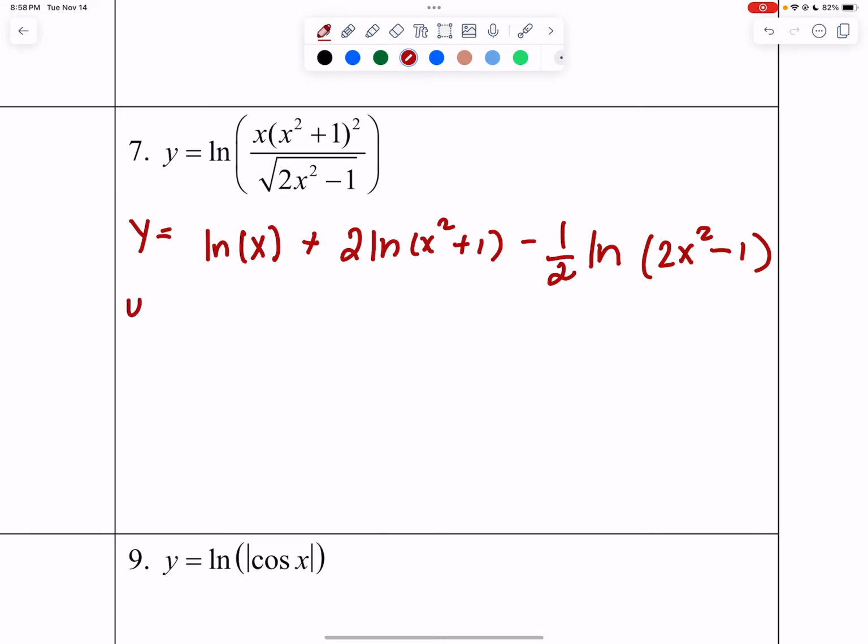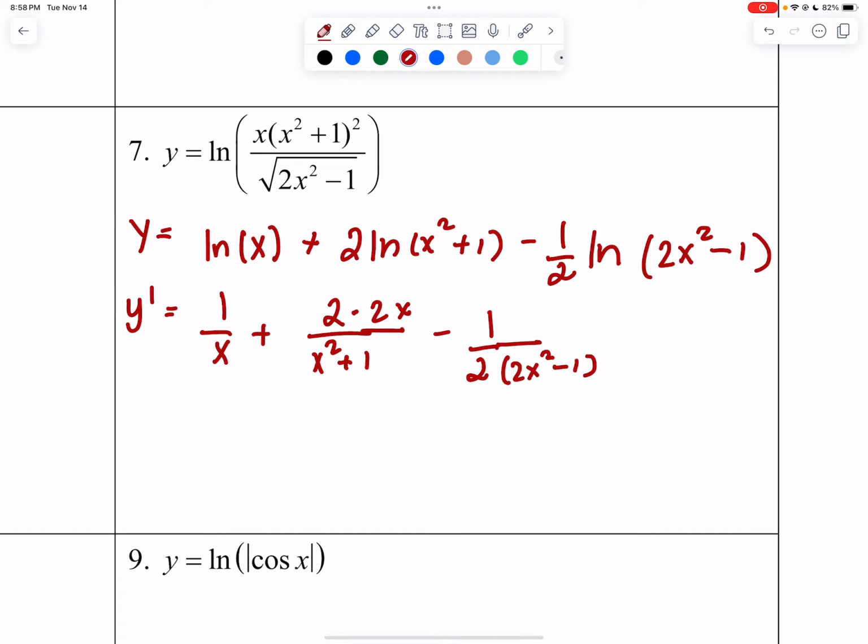Okay, take the derivative. Ln of x, 1 over x. Ln of x squared plus 1 is 1 over x squared plus 1 times 2x. And then ln of 2x squared minus 1 is 1 over 2x squared minus 1 times 4x.